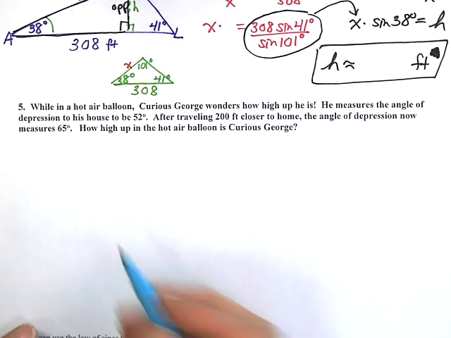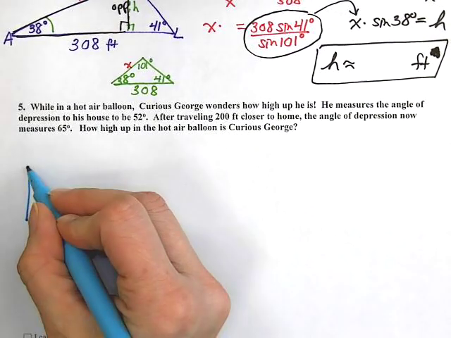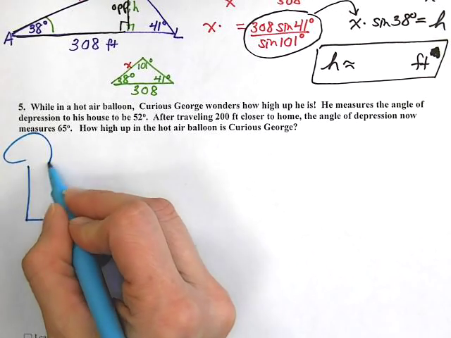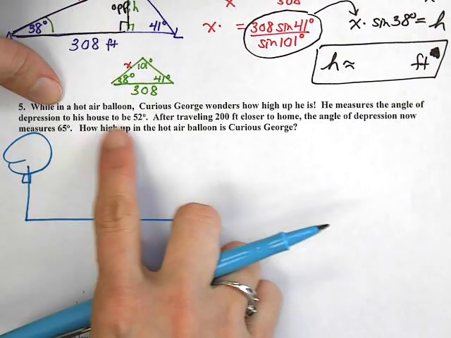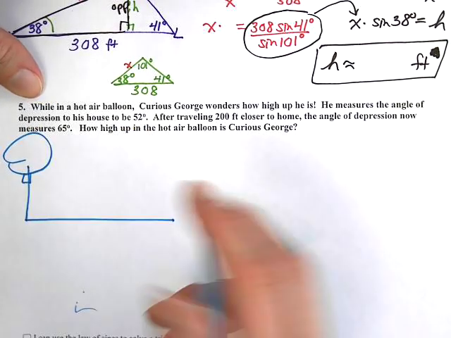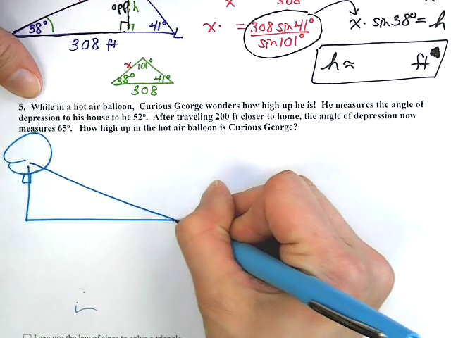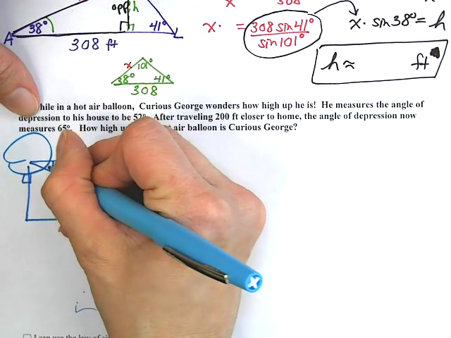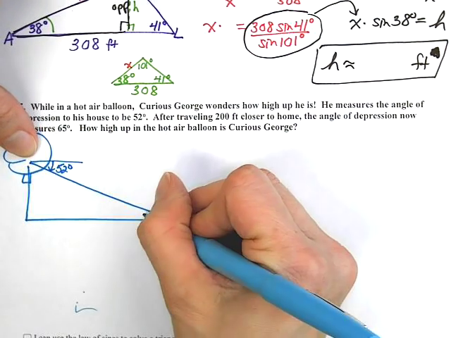Okay, so let's just start with the ground. And then we're going to go up into the sky, and here's the balloon, I guess. Okay, the angle of depression to his house is 52 degrees. So the angle of depression down to the house. Angle of depression goes here. Okay, here's 52 degrees. If you don't like putting it there, you could always put it here.